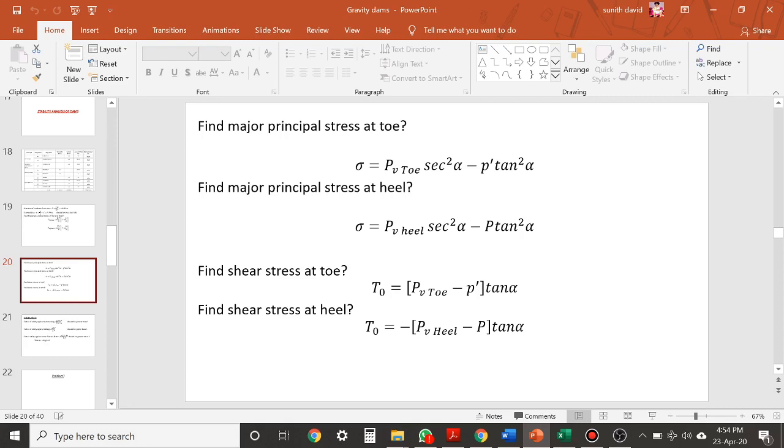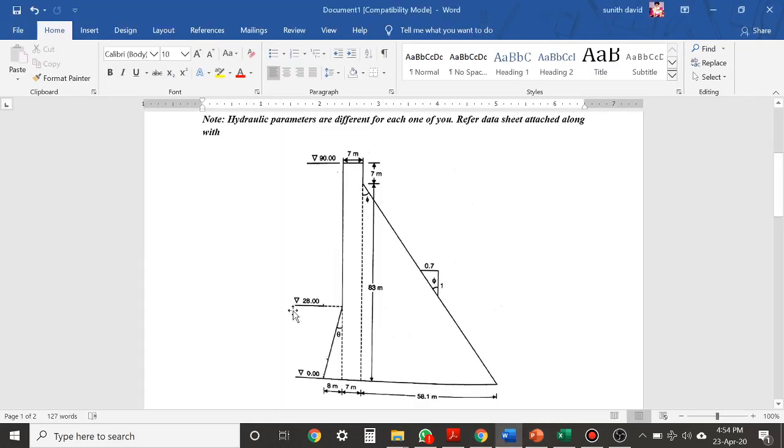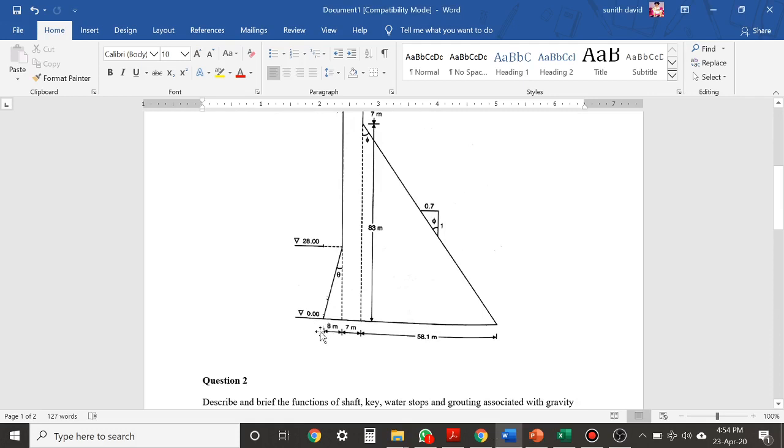Here this angle alpha is actually the angle the vertical makes with the upstream inclined portion of the dam, meaning the same angle theta will be applicable in this particular equation.